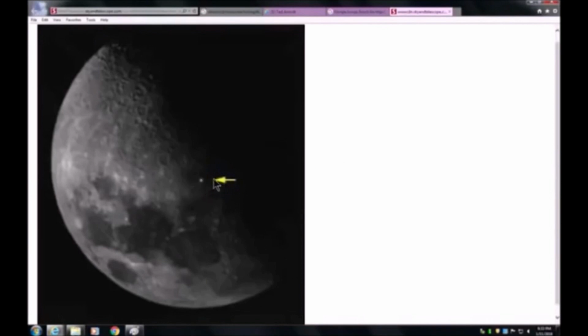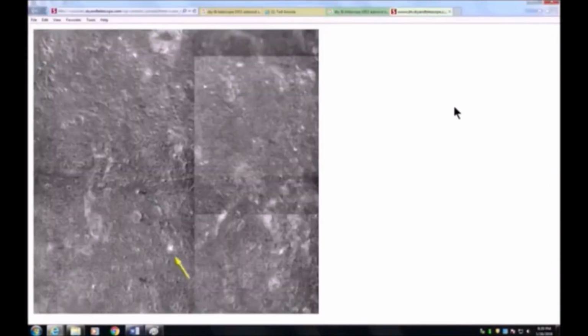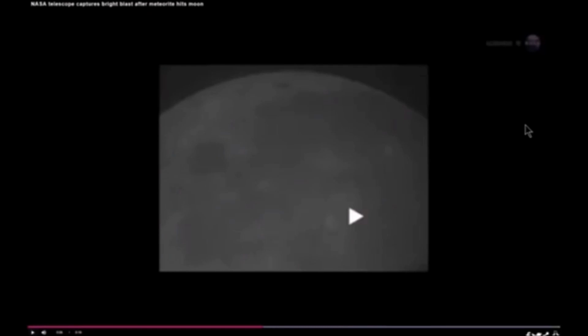This is a 1953 photograph of a meteorite strike. It was estimated that the impactor was 20 meters in diameter, and it left what is estimated to be a 200 meter wide crater that was found. This is a video from 2013, I believe, that shows a meteorite strike.